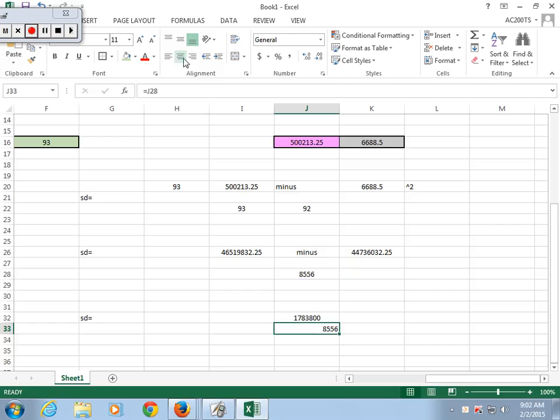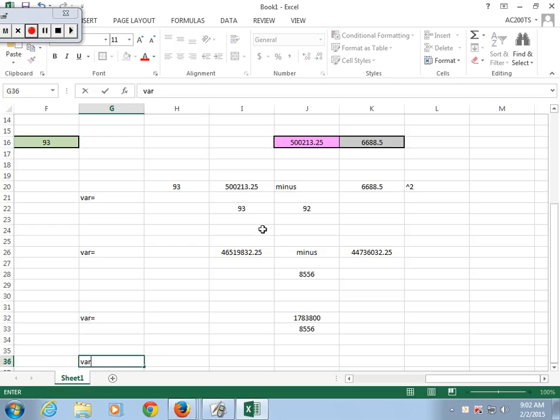And I need to go back and change something. This is not the standard deviation, it's the variance. You just need to change that. I always do that, I forget. Variance is something we don't use a lot of. We don't use it very much, and I just skip it and go straight to the standard deviation.